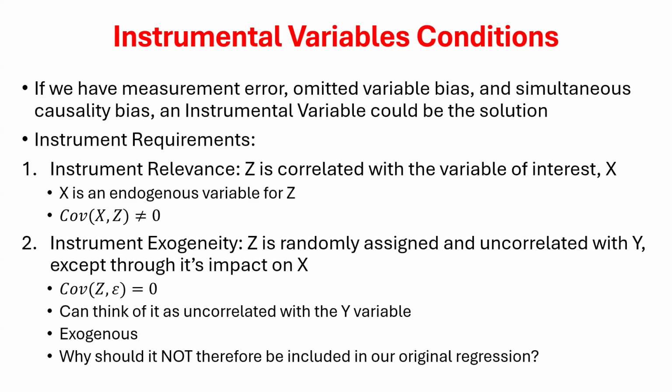Now, the second condition I need is that Z be exogenous to that Y variable I'm trying to predict, right? Ultimately, what I want is an estimate for beta 1 that has no bias in it, right? It doesn't have omitted variable bias, measurement error bias, or any of the bias that we might see incorporated into our causal effect estimate.